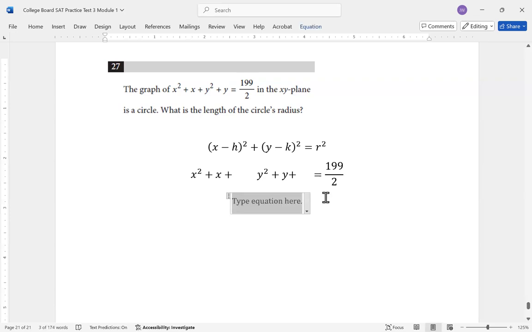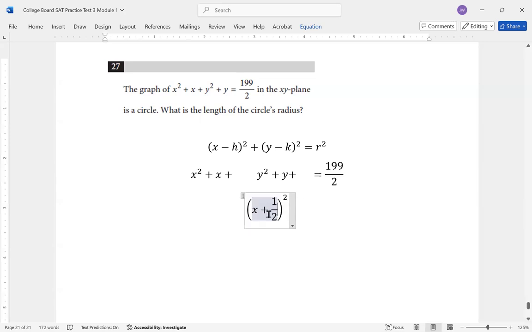Now, what do we know about a perfect square? (x minus h) squared. When I do this, I'm looking for h. h is going to have to be half of the coefficient of x. Since this coefficient of x is 1 right now, we're going to get x plus a half.